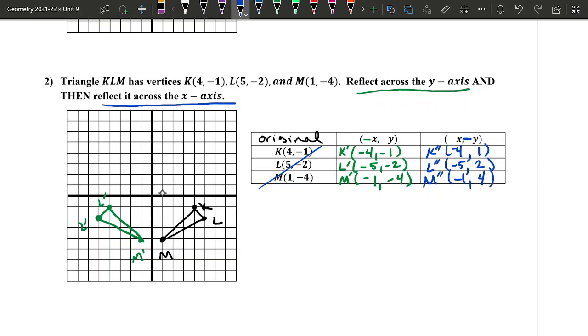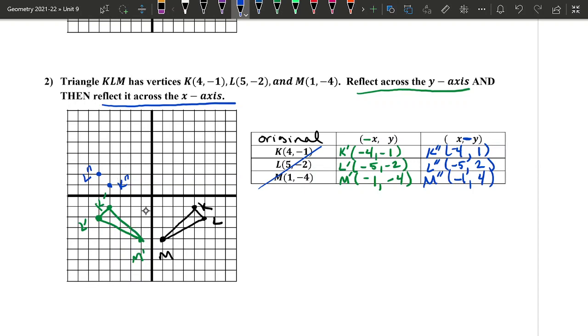And then I can plot these points. I'm flipping it across the x-axis, so L is L double prime. I messed up those letters, didn't I? That's a K. That's a K double. This one's K. So this is K double prime. And then L double prime would be right here.